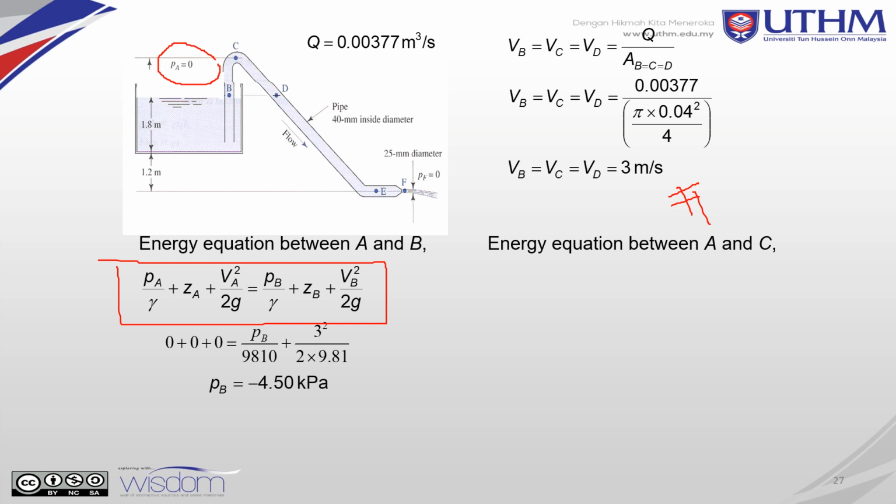VA is also 0. So we just have the pressure at B and the velocity at B here. So you get the pressure at B, because we know that VB is 3 meters per second.